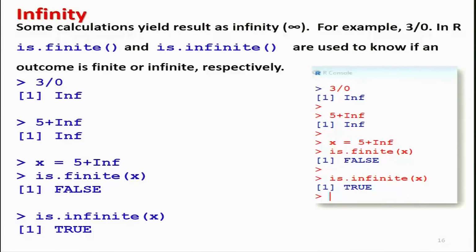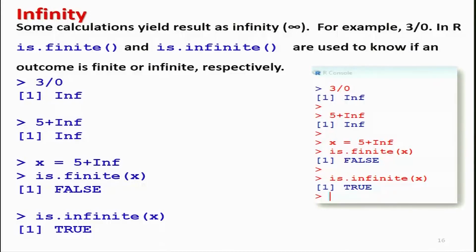At that moment we would like to know whether the outcome of this command is finite or infinite, because it may happen that you are dividing some number by some number, but during the computation that number has become so small that it is almost 0. When a number is divided by 0, that gives you infinity. So how to know all these things?